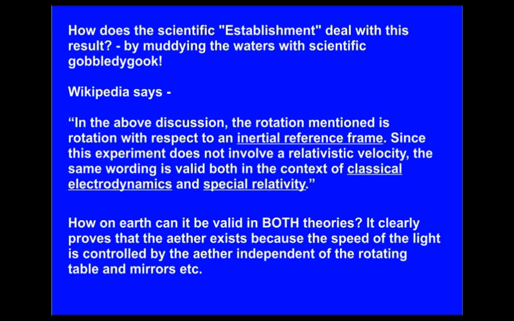Since this experiment does not involve a relativistic velocity, the same wording is valid both in the context of classical electrodynamics and special relativity. How on earth can it be valid in both theories? It clearly proves that the ether exists because the speed of the light is controlled by the ether independent of the rotating table and mirrors.